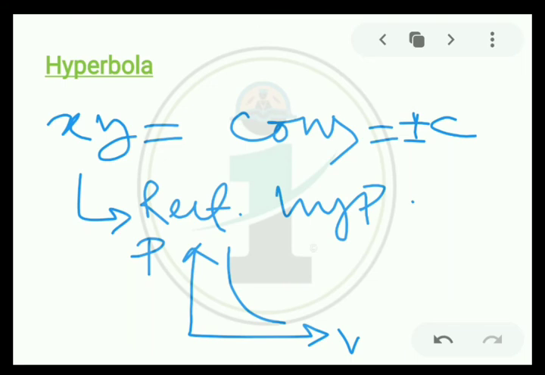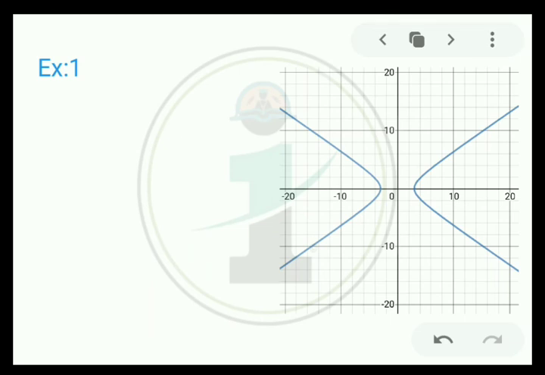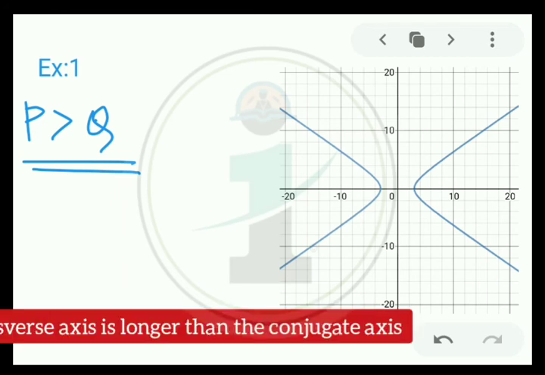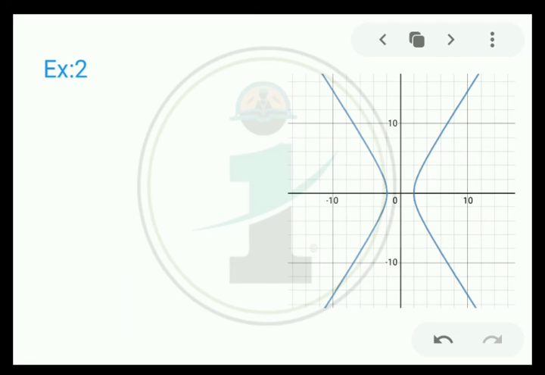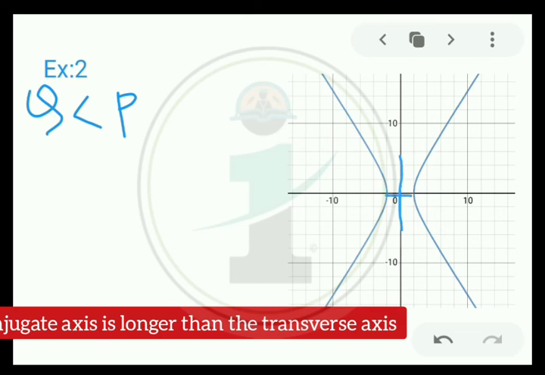So let us check the diagrams. So this one, where the value of P is greater than Q, and the next diagram shows that Q is greater than P. So the Q is here and P is here.